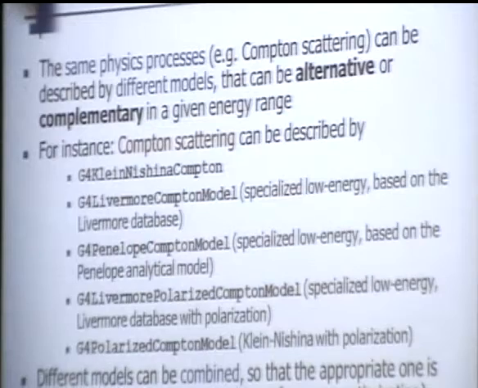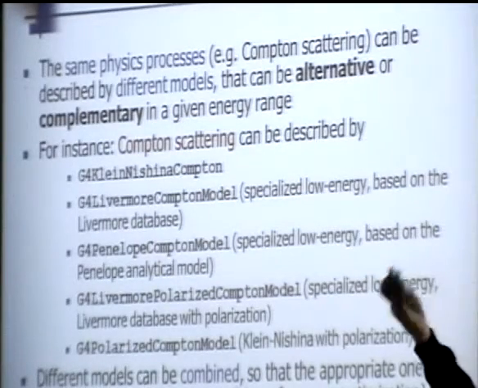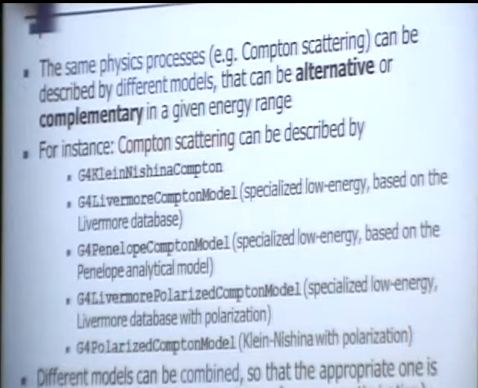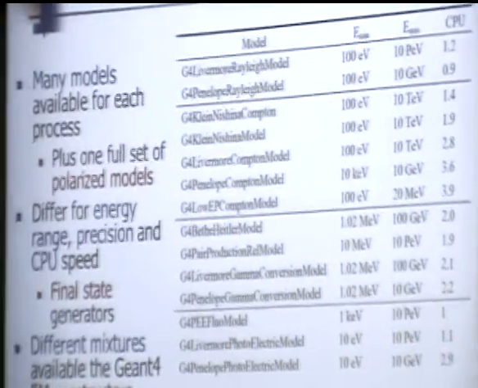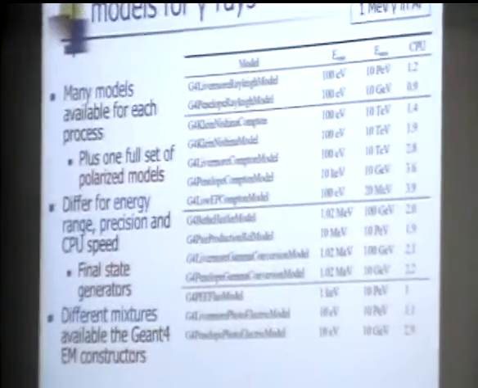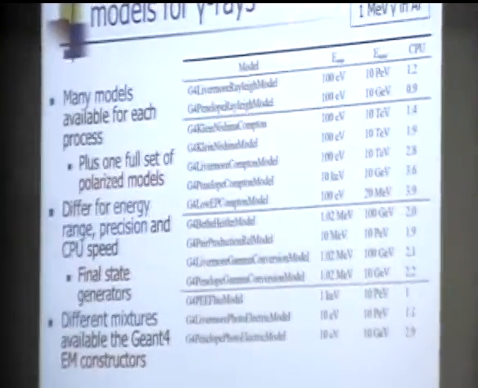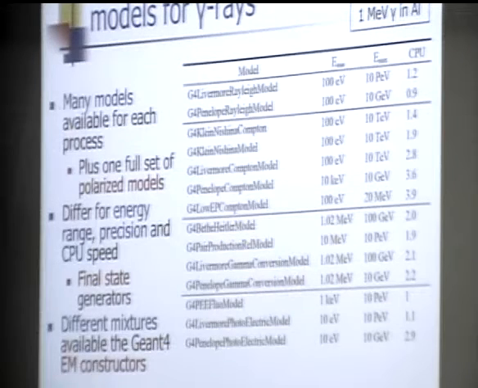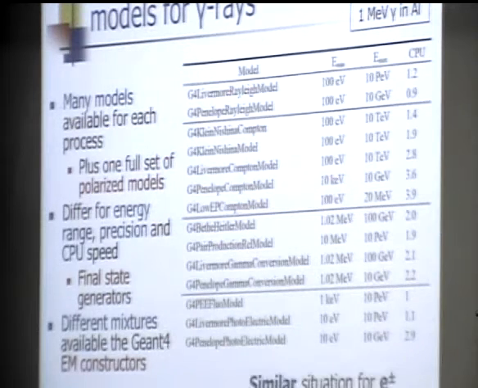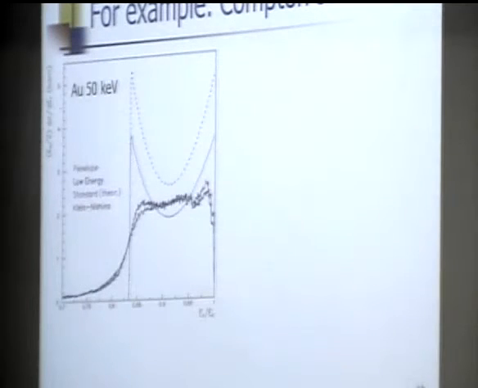In Compton scattering you may have a polarized photon, and then the outgoing photon is also polarized. Here you have an inventory of all the models available for the gammas. Of course, the more precise you want to go, the slower the model gets. So you pay for precision with CPU time. And this is again up to you to decide if you want to spend time to be precise or not.